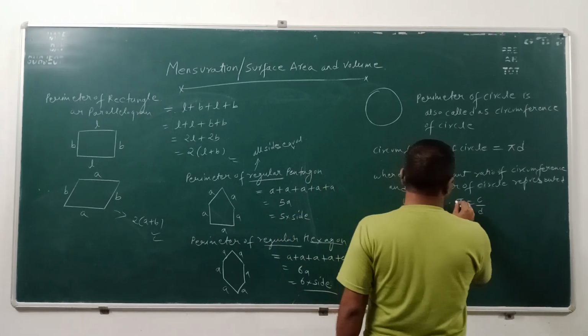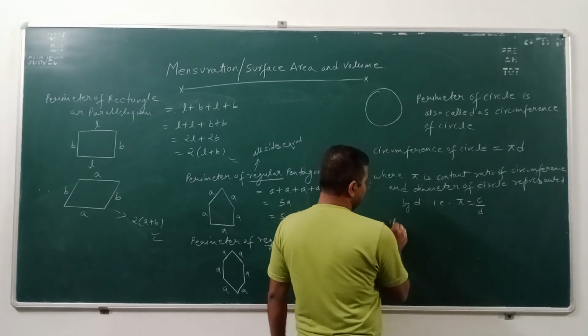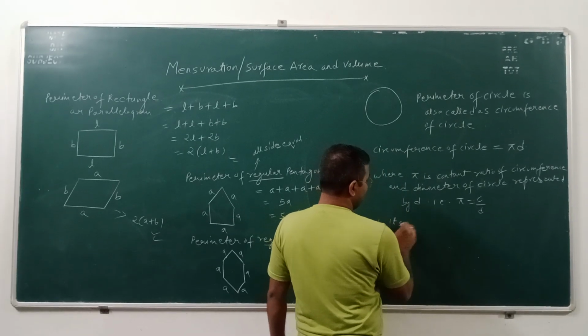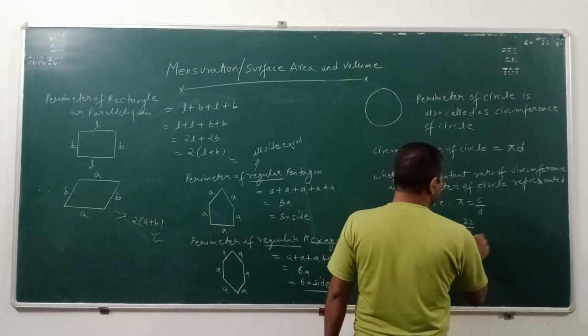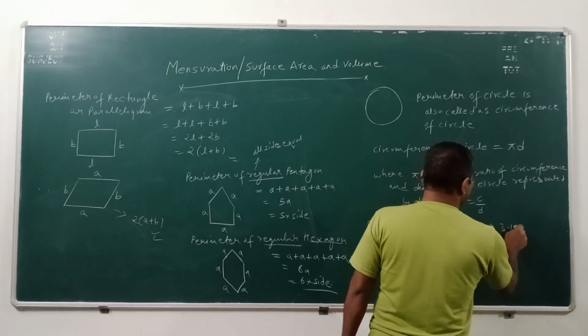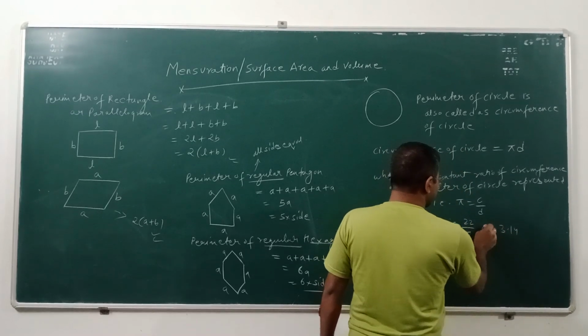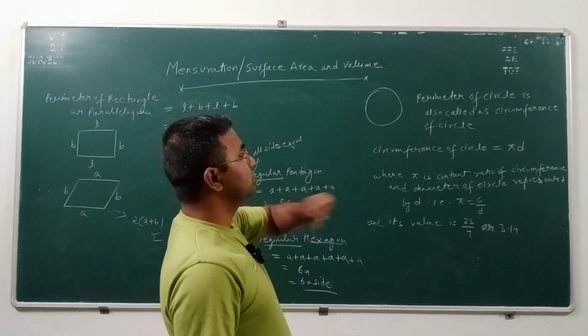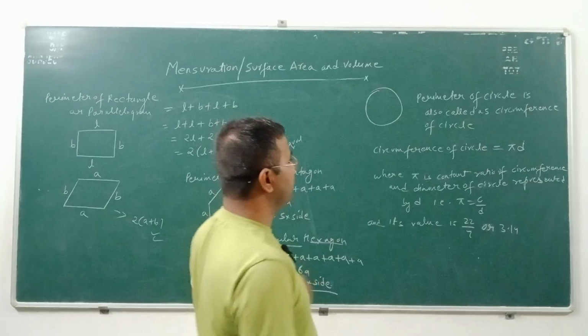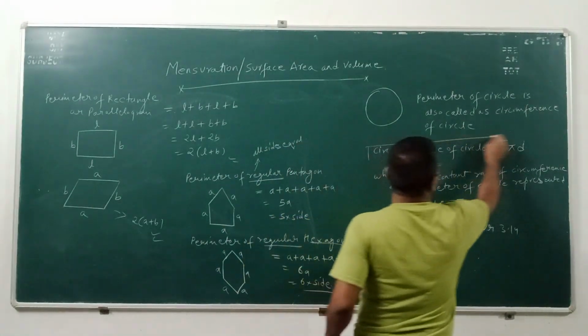Okay, so it is the ratio, and its value is 22 upon 7 or 3.14. So see here, the circumference of a circle will be what? Pi d.